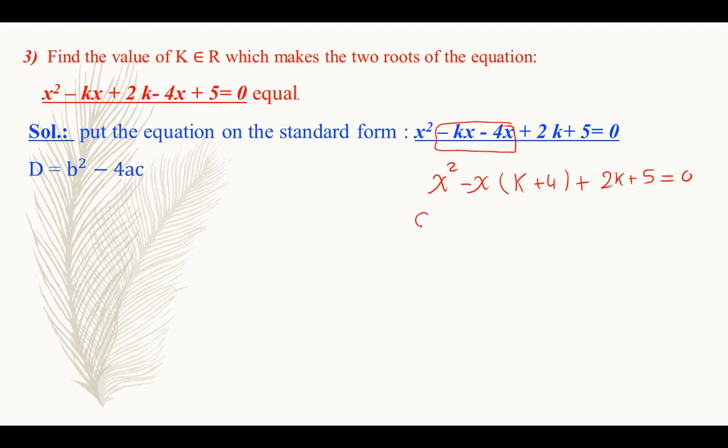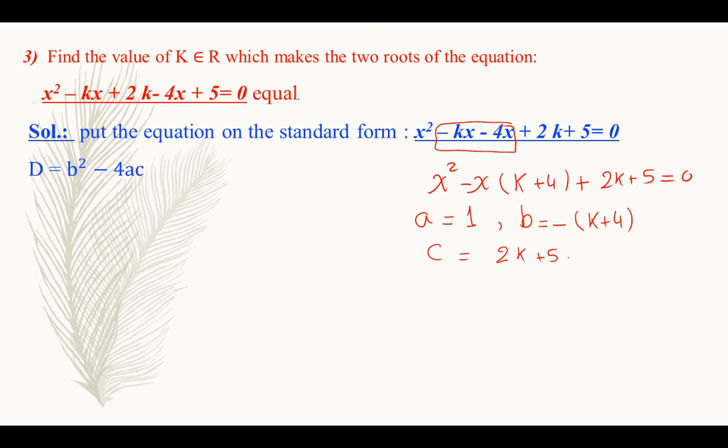Here a is the coefficient of x², which equals 1. b is the coefficient of x, which is negative (k plus 4). And the free term c equals 2k plus 5.